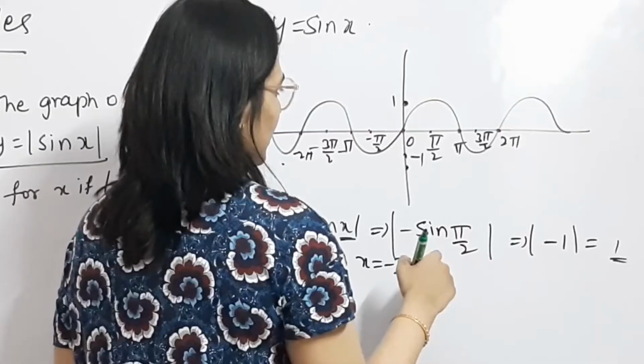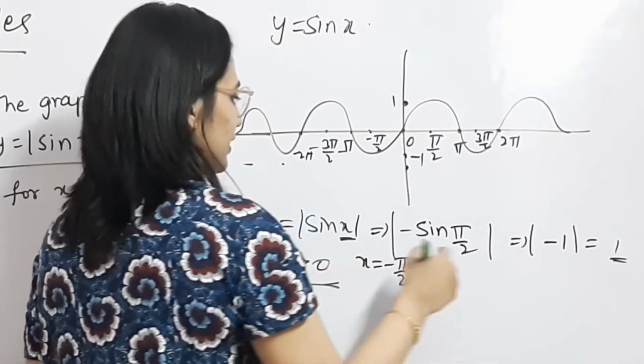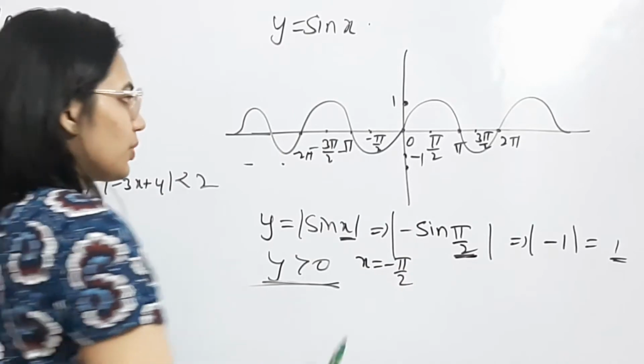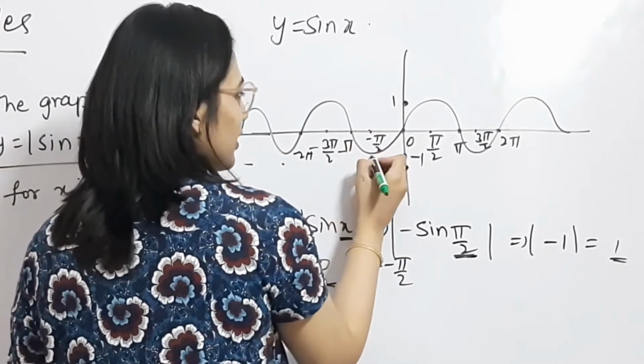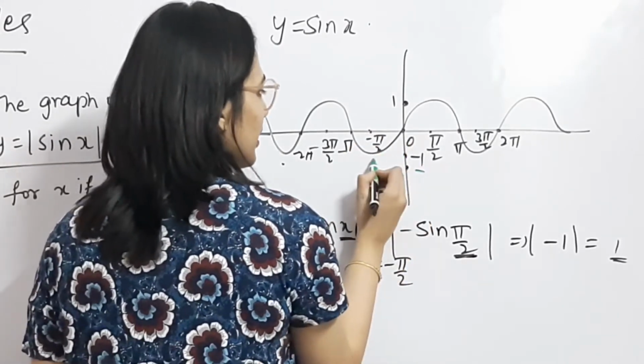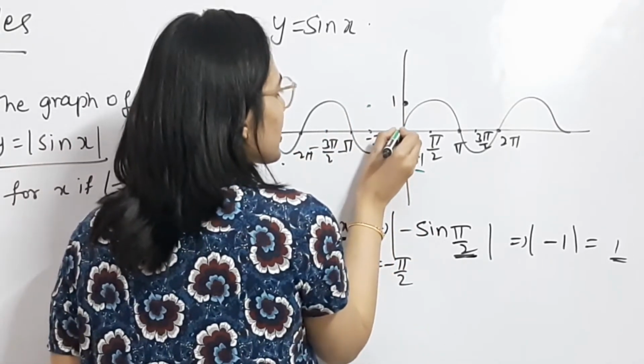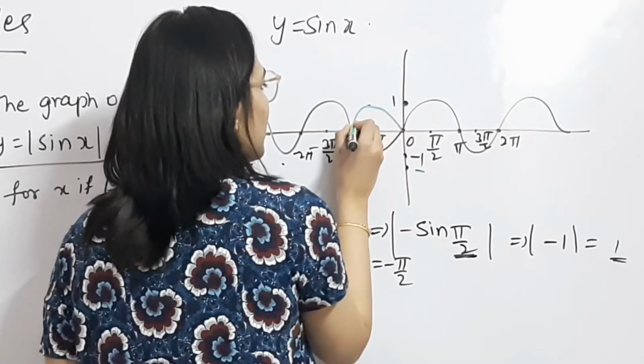So can you not say that x equal to minus pi by 2 will become a positive value here? So rather than the graph being minus 1 here, it will go here. So can you not say that this will be like this?